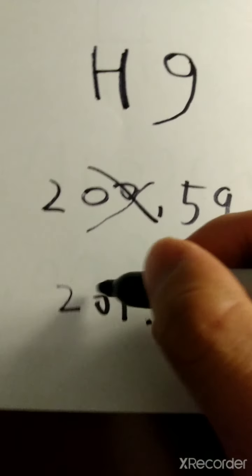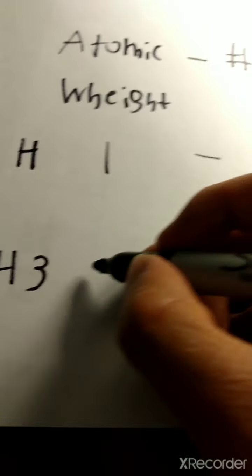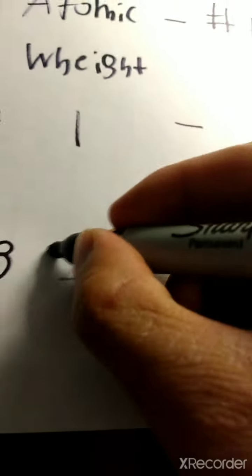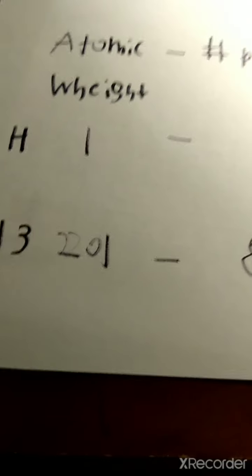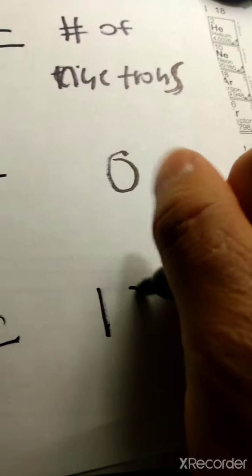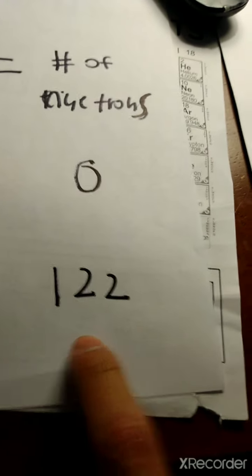So the atomic weight is 201. If 201 is the atomic weight, and we minus that by 80 protons, what is the number of neutrons? 201 minus 80 would equal 122 neutrons. That is a lot of neutrons for an element.